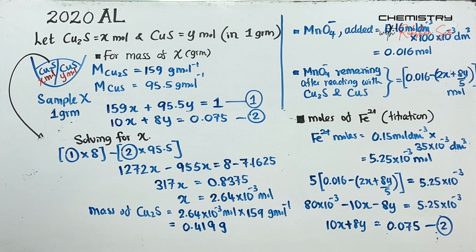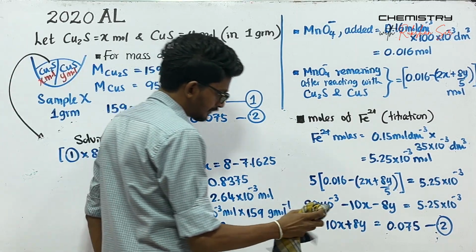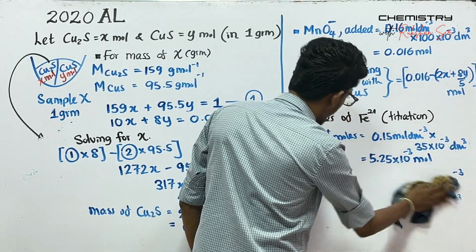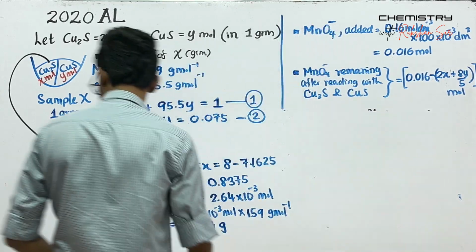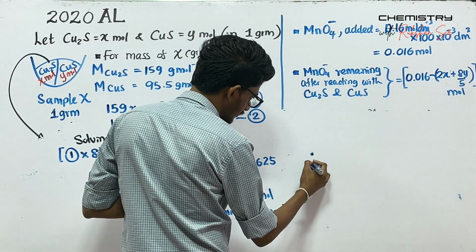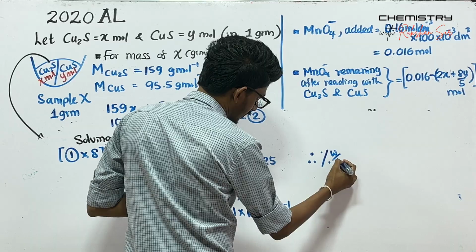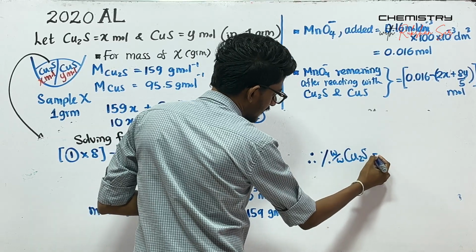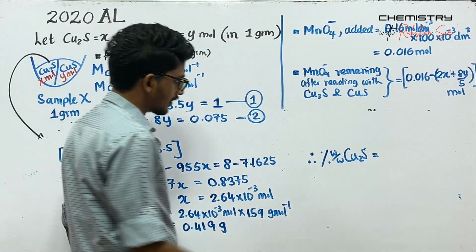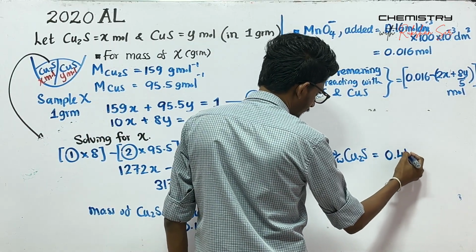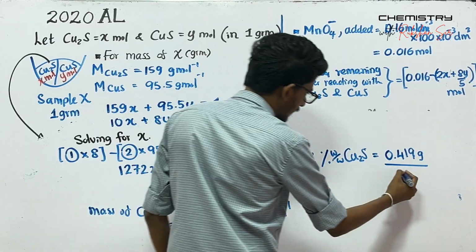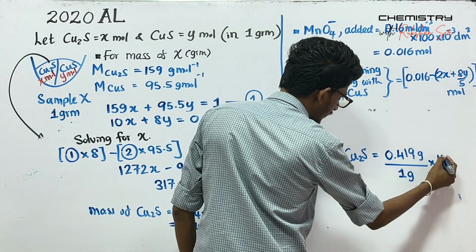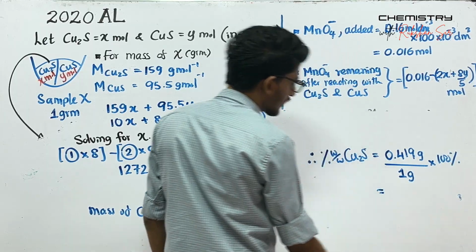So what we need is the percentage of Cu2S, right? So I'll erase this stuff. Weight percentage of Cu2S is equal to the mass of Cu2S divided by the total weight, that is 1 gram, into 100, right?